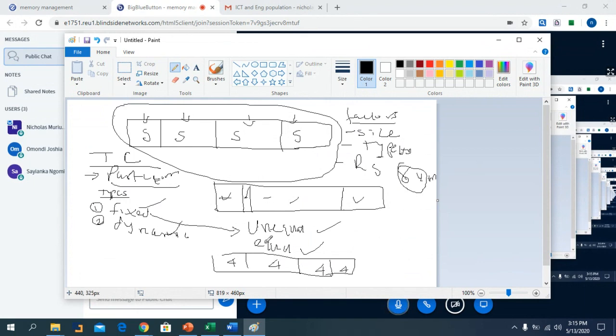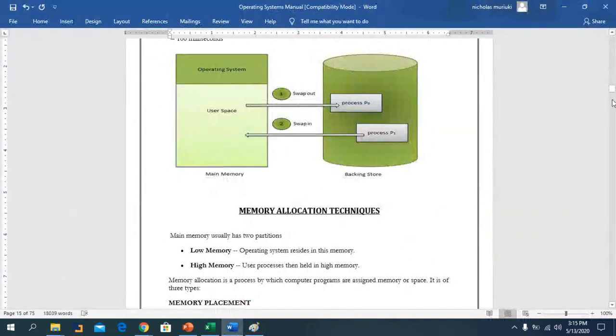But if you use unequal, sometimes you find that this is 4, this is 5, and this is 10, until you exhaust the 64 memory. In this case, we are not creating efficiency, and because we are not creating efficiency, it results in some issues of execution.